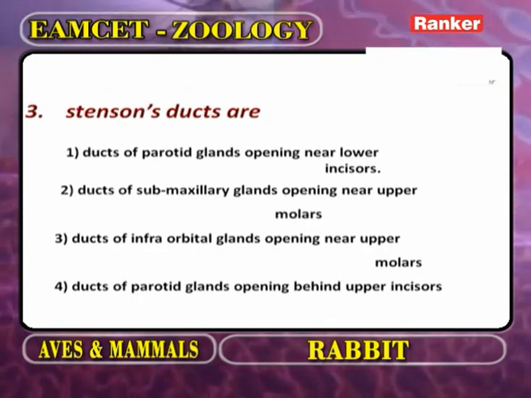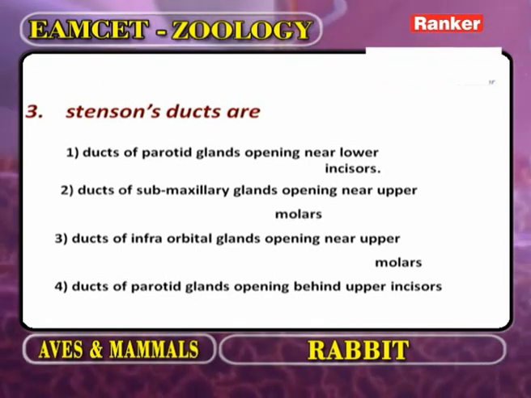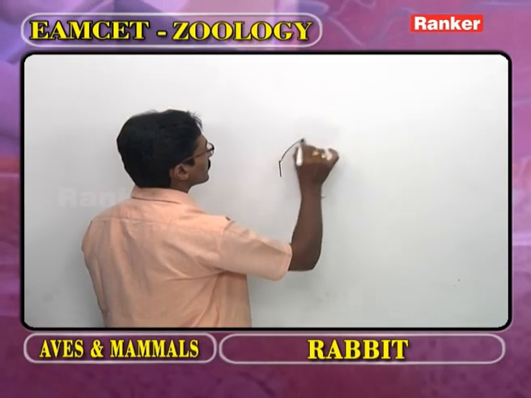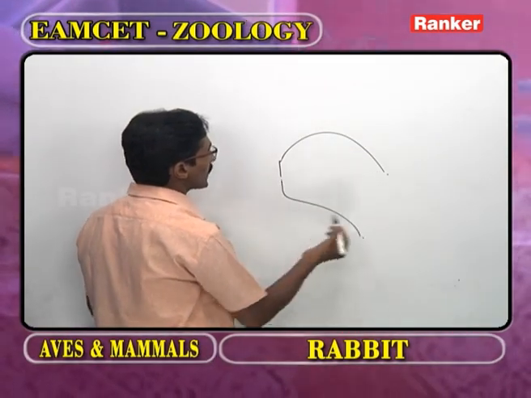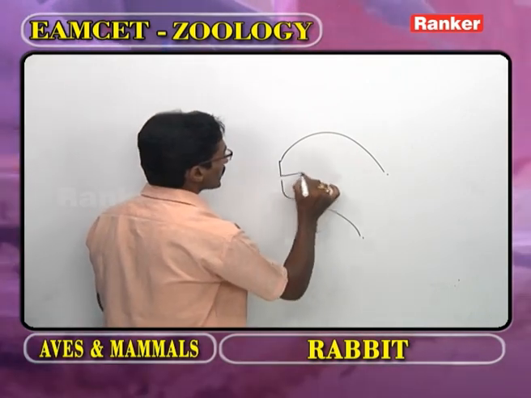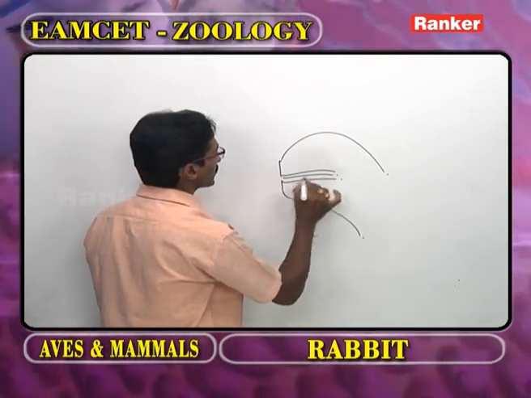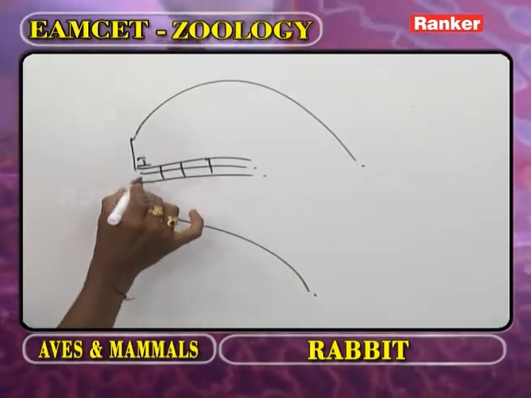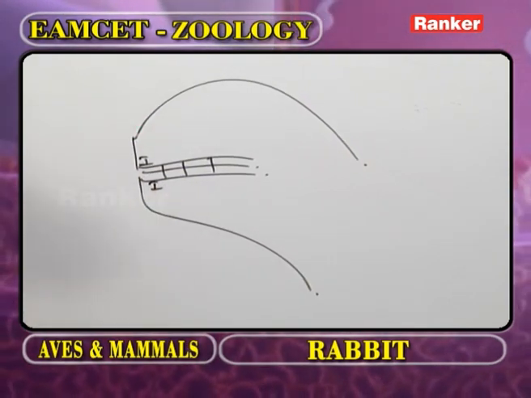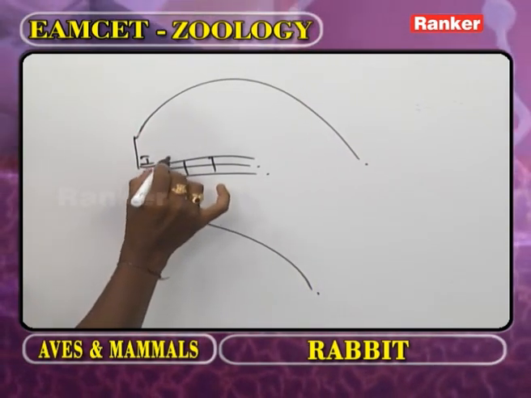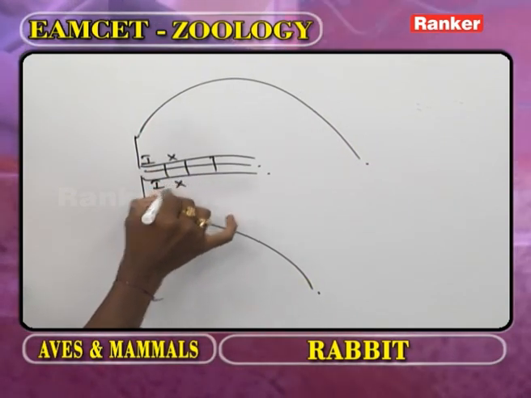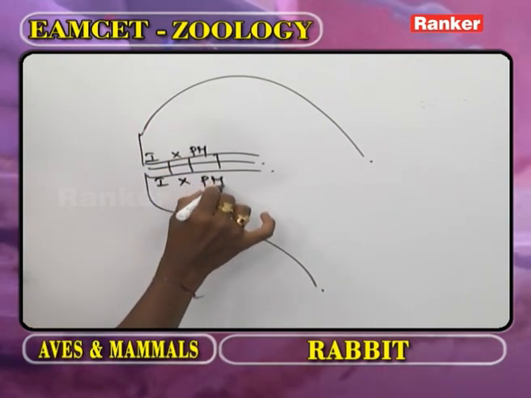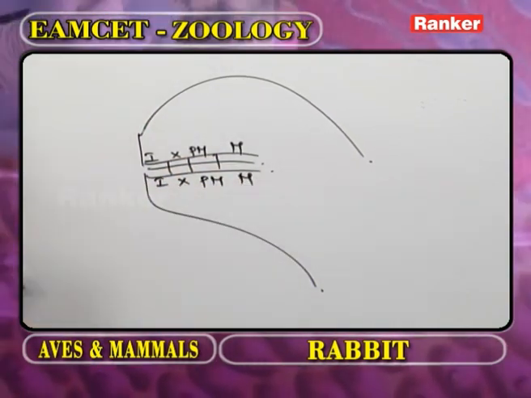As we observe the next question, Stensen's ducts are. Now as we observe the salivary glands of rabbit, this is the head of rabbit and these are the teeth of rabbit. As we observe the teeth of rabbit, this is upper incisor, lower incisor, and rabbit is herbivore, so canines are absent, and these are the premolars and these are molars.